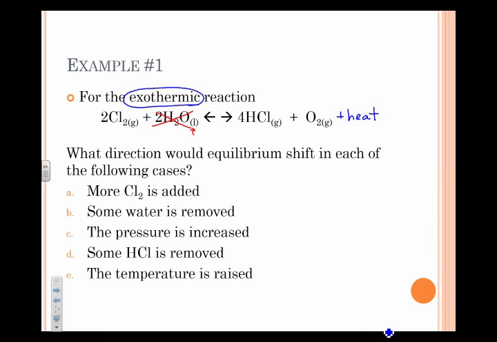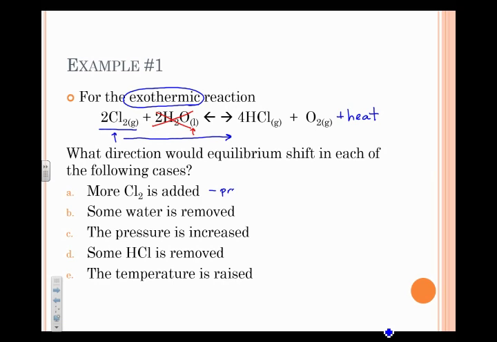So I want to answer the following questions. If I add more chlorine to this system, to this reaction, which direction would equilibrium shift? Well, I check out my chlorine and see that it's on the reactant side. And we know our general rule here is that when I add something, the reaction will shift to the opposite side. So if I've added chlorine, then the reaction will shift away from the chlorine and towards the products.